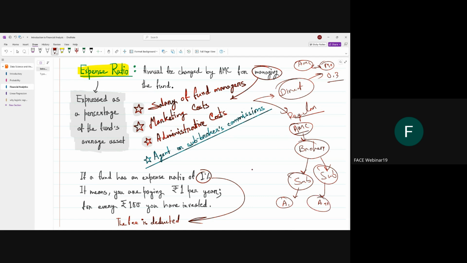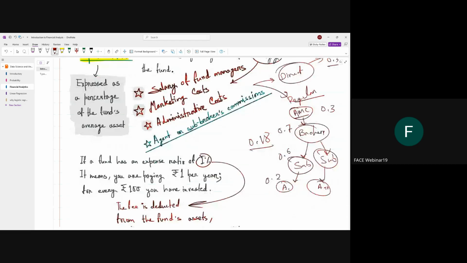So your expense ratio will be high. Initially it was 0.3, right? Now these people may be getting 0.7, these people may be getting 0.4 or say 0.6, and these people are maybe getting 0.2, like the total cohort, and so on.